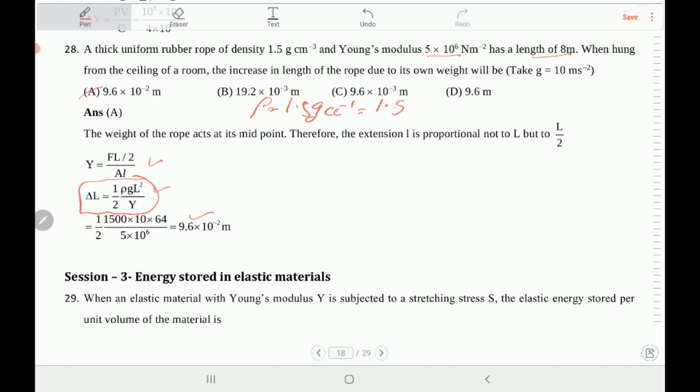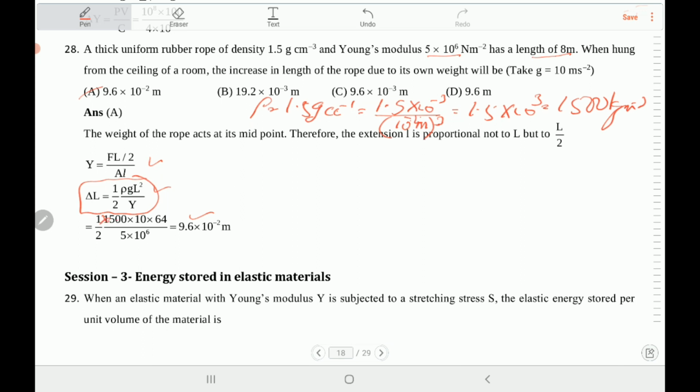That's why 1.5 gram is 10^-3 kg, divided by cc, 1 centimeter is 10^-2 meter, whole cube. 10^-2 cubed is 10^-6. So the value is 1.5 × 10^-6 comes to the numerator. Minus 6 plus 3 is plus 3. So the value is 1500 kg per meter cube. This way you will use that value for rho. That's finished. He has used that here, 1500.